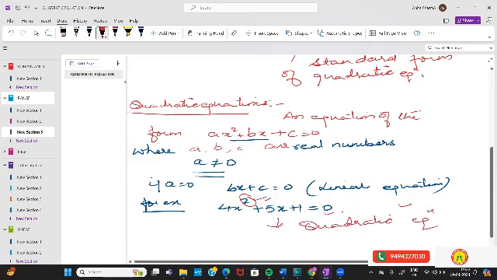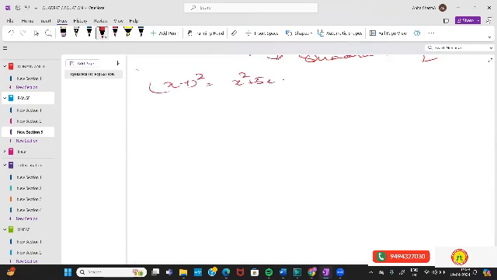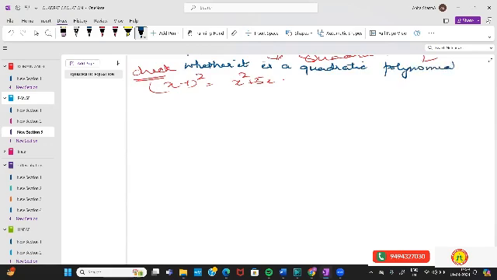Sometimes a question comes like this: x minus 1 whole square is equal to x square plus 5x. Now you have to check whether it is a quadratic equation or not.